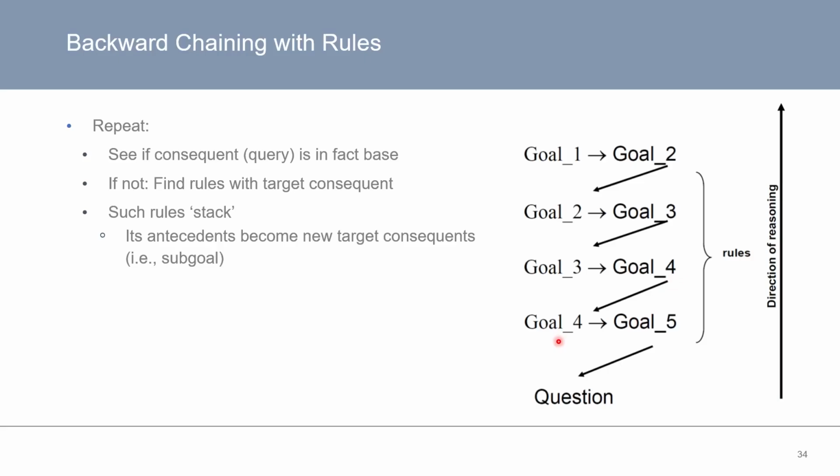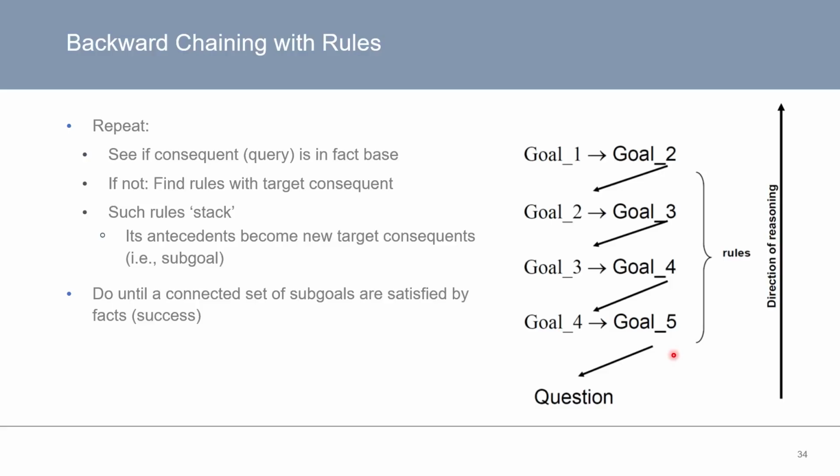So now we have to find a rule with this subgoal, goal 4, which we find here. Goal 4 is part of its consequent, or we could also see if goal 4 was already in the fact base. We basically repeat this process until a connected set of subgoals are satisfied by facts that are in either the knowledge base or the fact base.